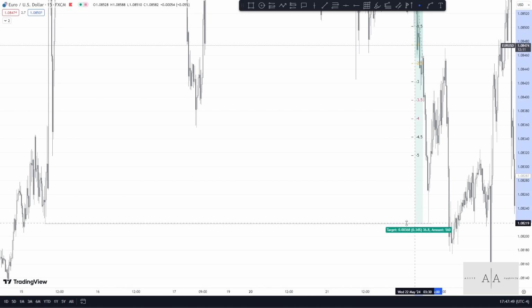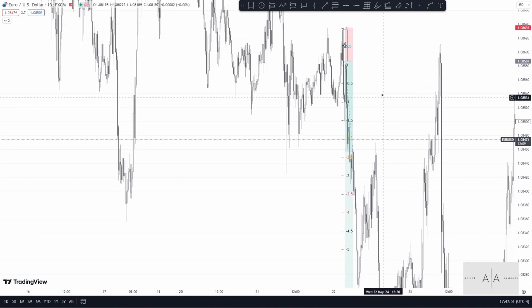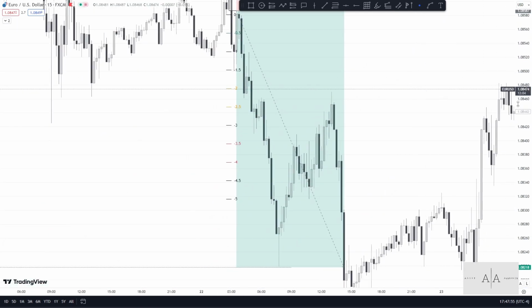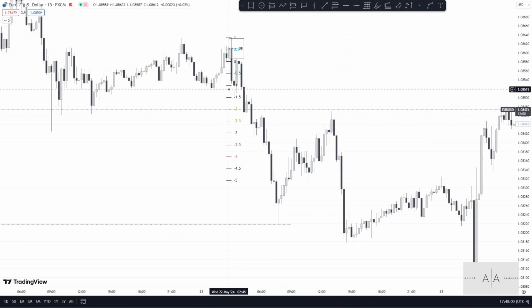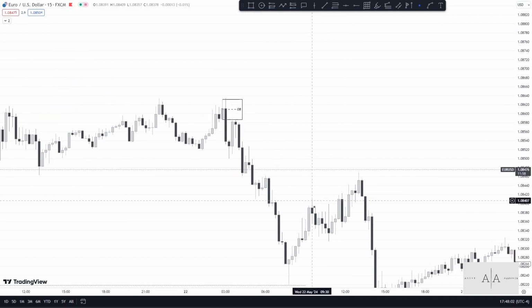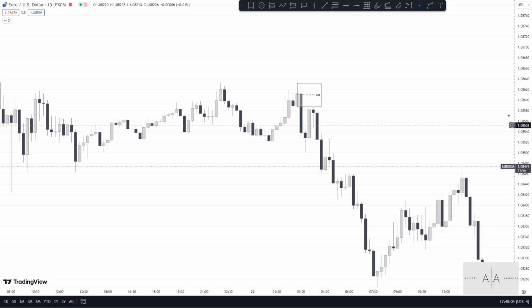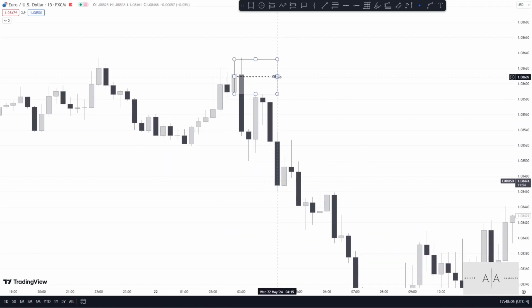So you could have taken it until the liquidity there. That was a really big order block trade, but really order blocks are one of the simplest, easiest, best ways to trade, really, because order blocks are pretty simple to use.